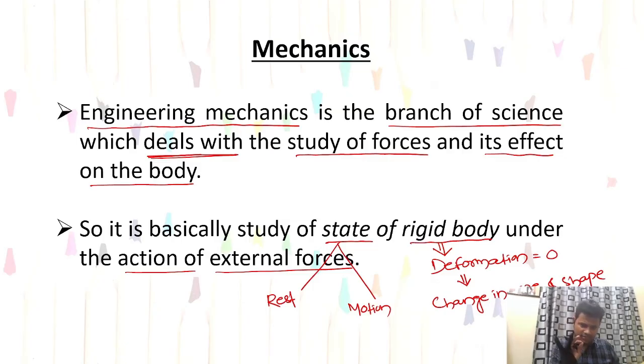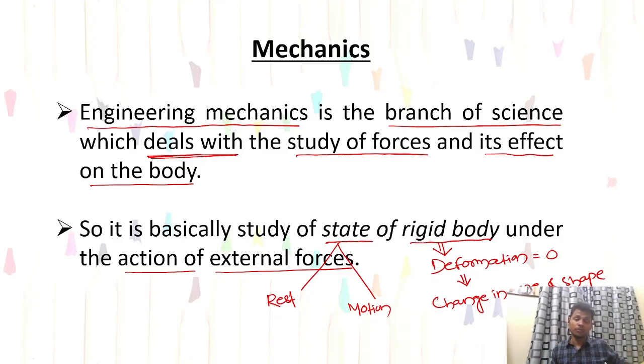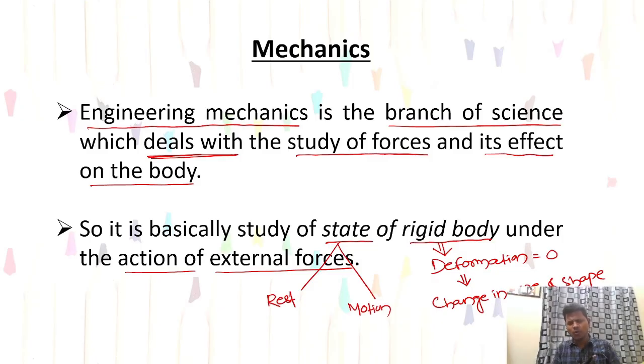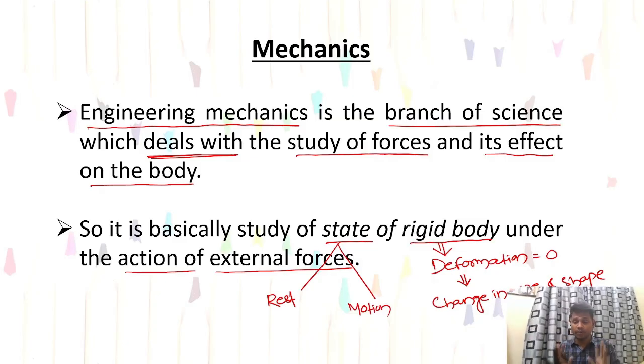If I apply some external forces to a body, what kind of body? The body whose deformation is zero. That means in the whole of mechanics, we are going to study rigid bodies, that is, a body whose deformation is zero. If I apply some external forces to that body and it does not show any change in size or shape, the body may be moved.